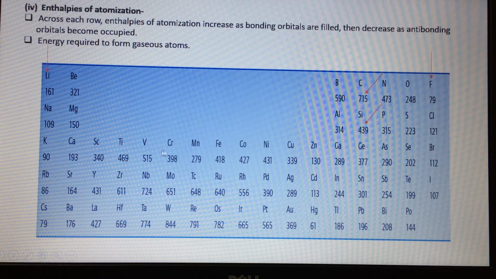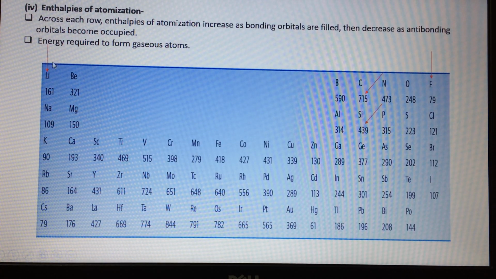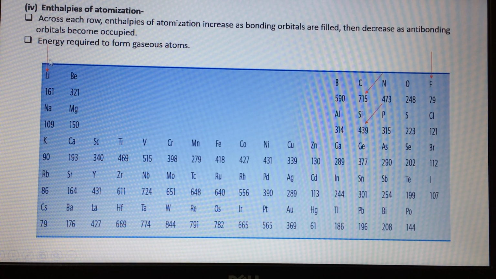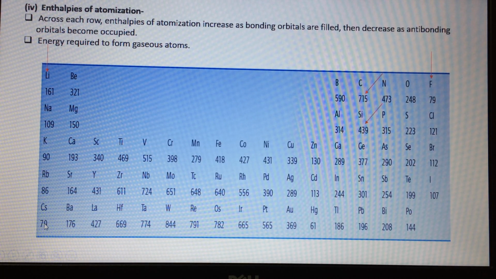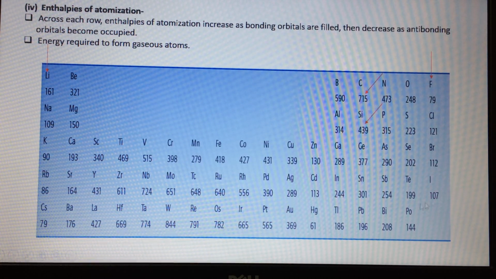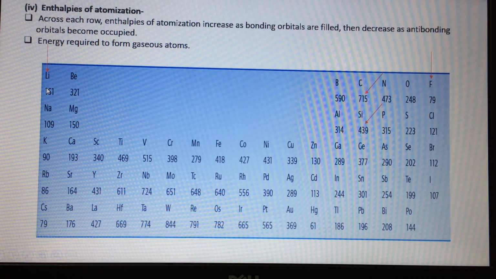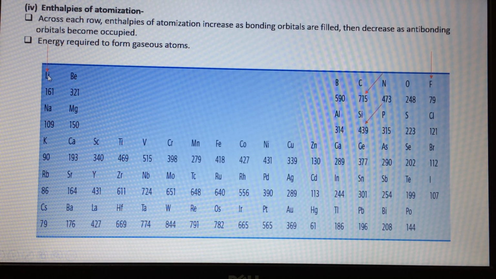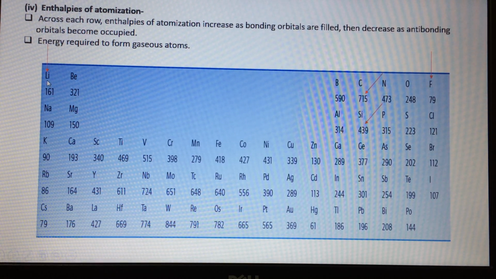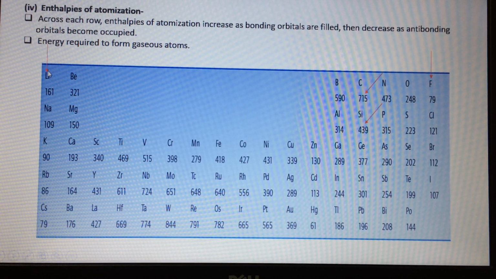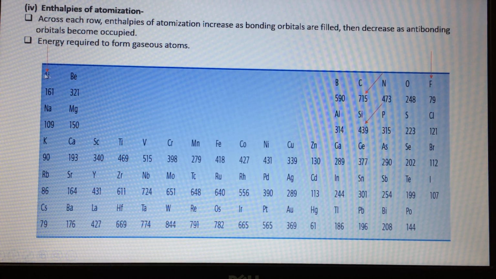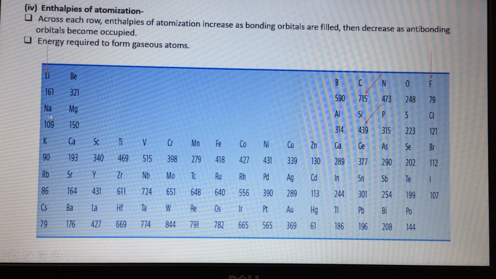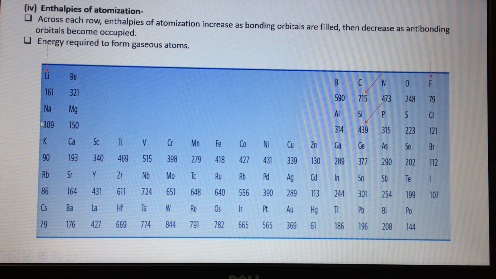If you see here in this periodic table, atomization energy is lower than other elements, and here also it is lower, because if you see the electronic configuration of this alkali group, only one electron is needed to fulfill the orbitals. That's why lower energy is required to form gaseous atoms.